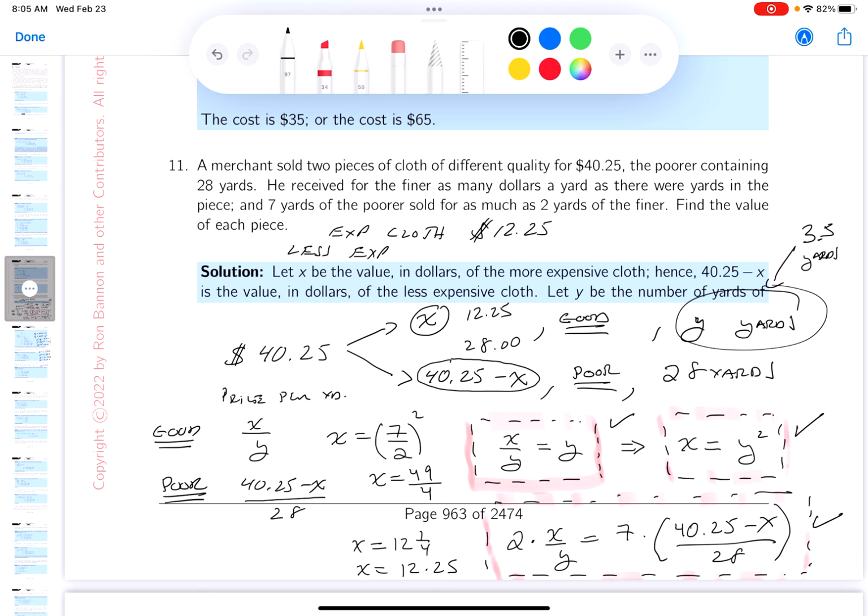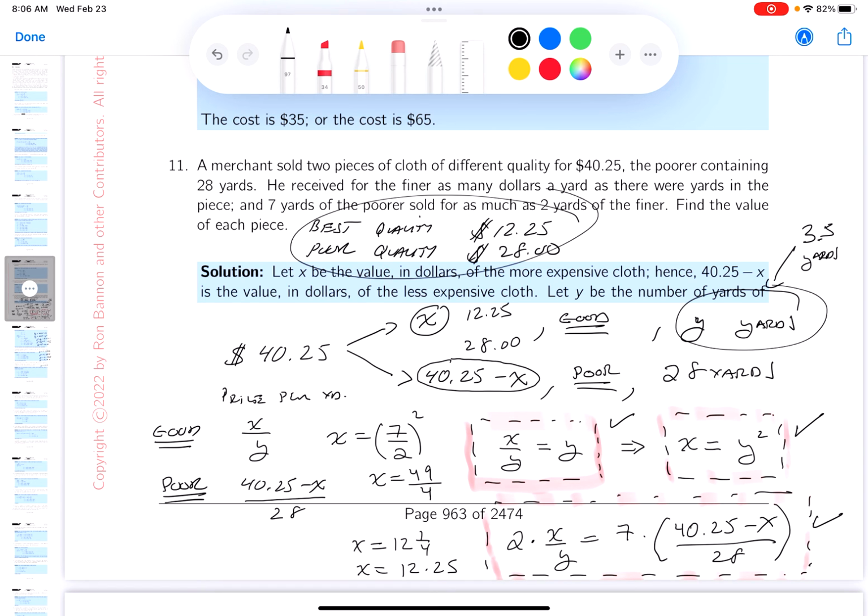Maybe I should rephrase that. Best quality, and poor quality. And you spent $28 on that.